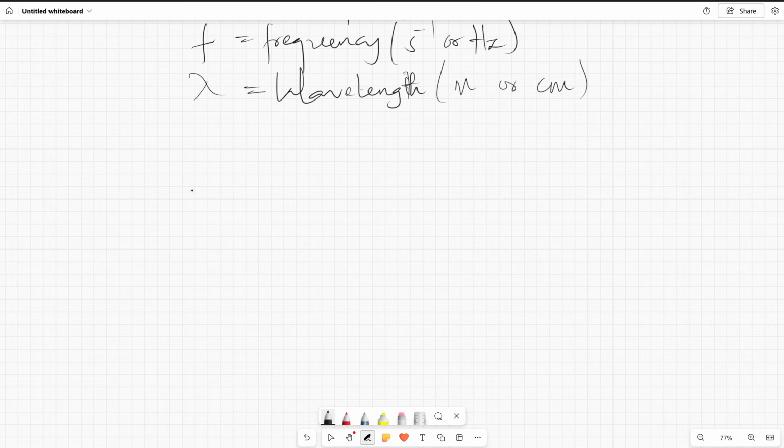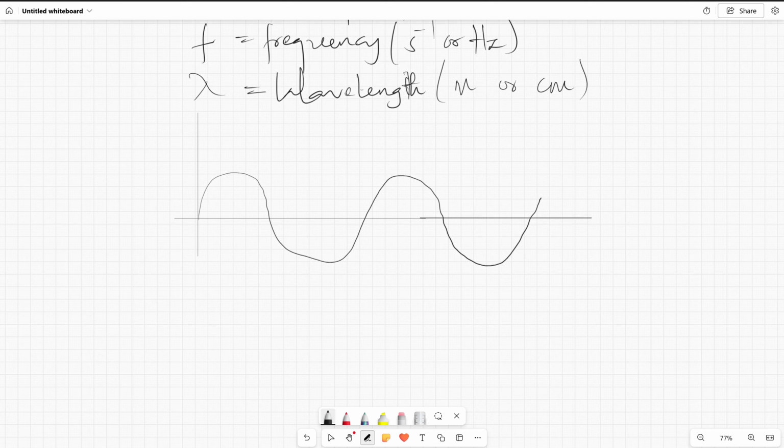And yes, you have a diagram like this. You have a plot of a wave. You have something that goes like that, like that, like that. Let me complete this here. Yes, something like that. So this is a plot of the y-axis against the x-axis.